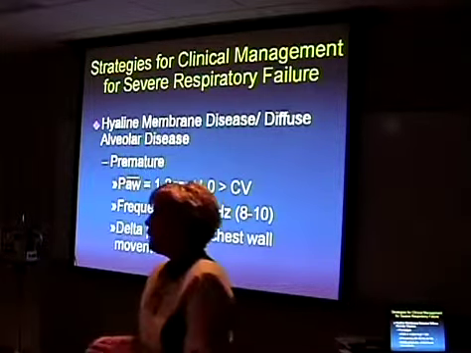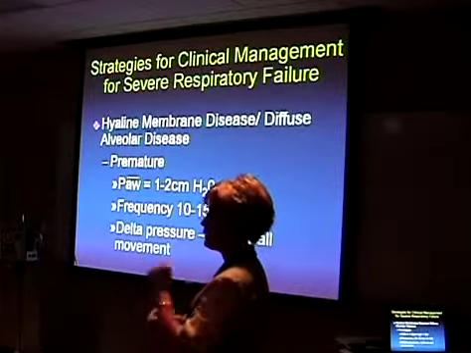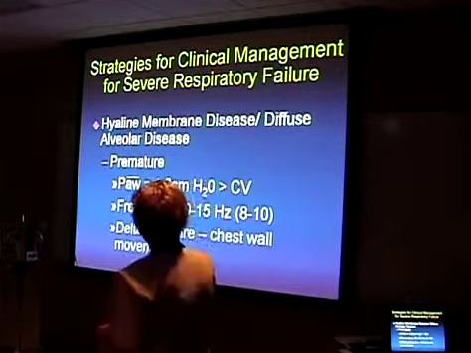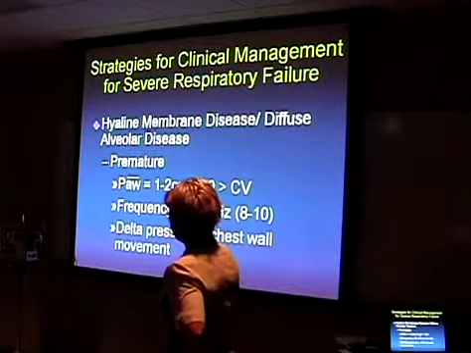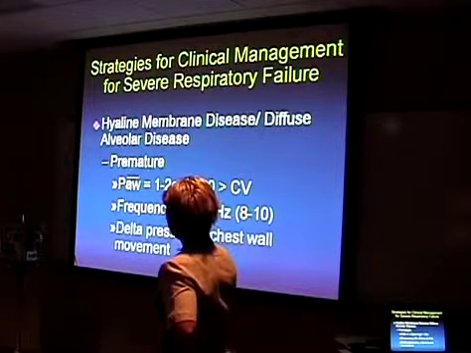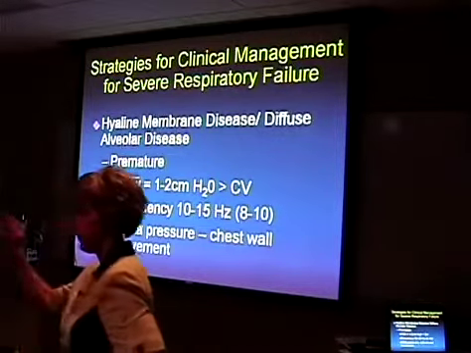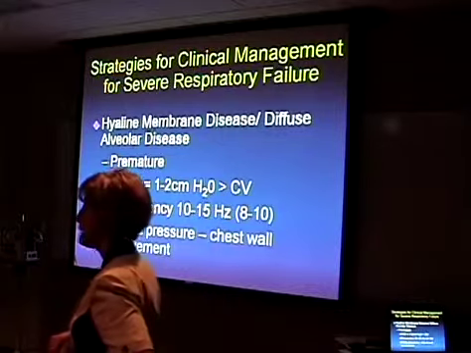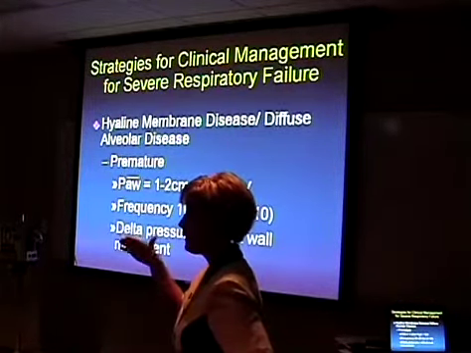So, little kids, we usually start 8 to 10. I'm just going to make it easy there. I didn't make it quite so easy last night. But what this does, if you walk in and your little baby is on conventional ventilation and they have them on a mean of 14, you punch in that bed and they're on a mean of 14, I'll still start at 8 to 10 and then move my way up.